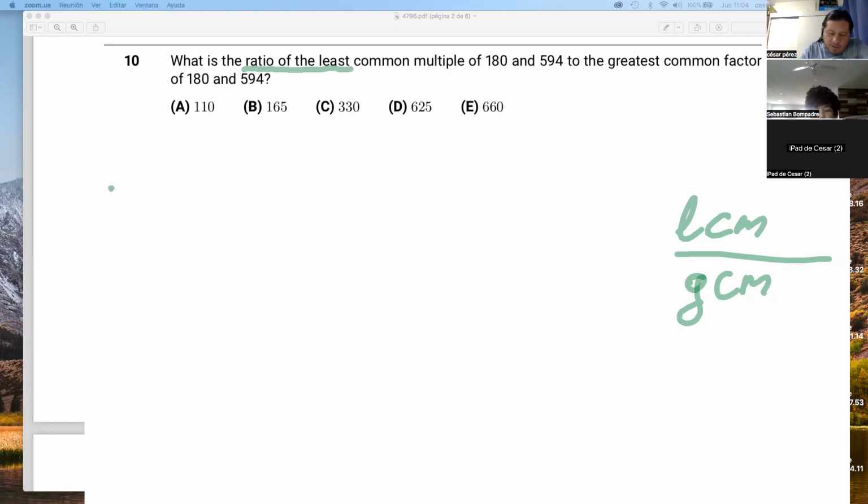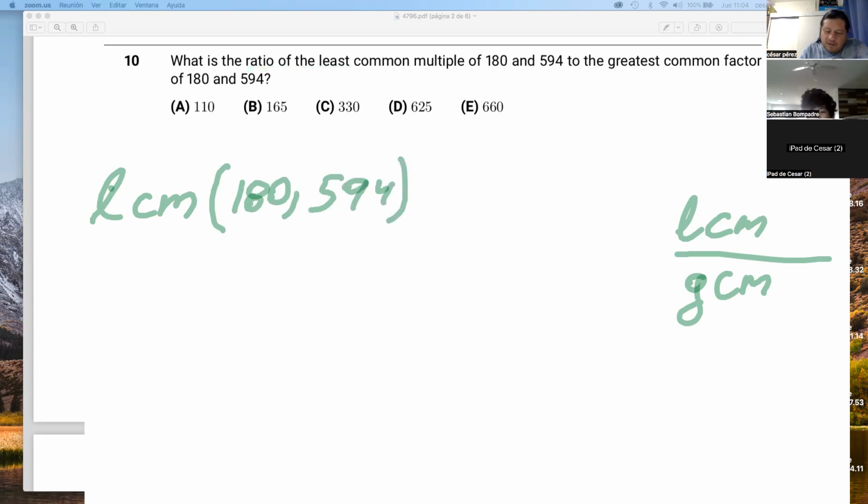Okay, let's find the least common multiple. We need to find a number that is a multiple of 180 and 594.